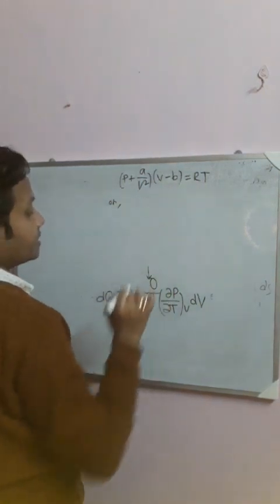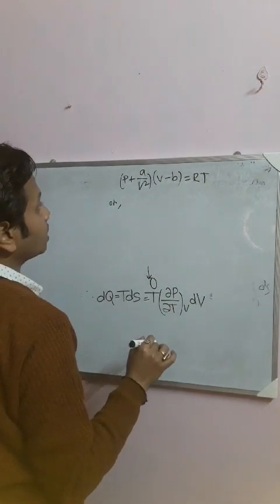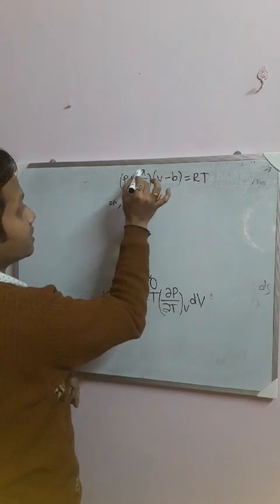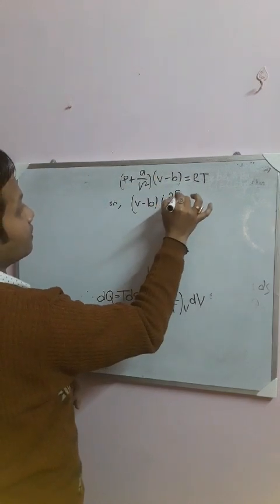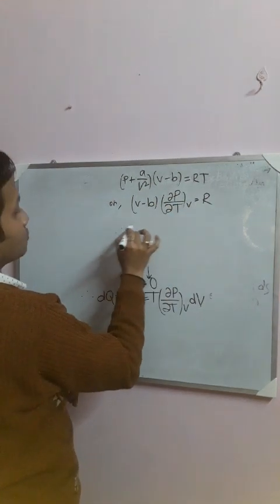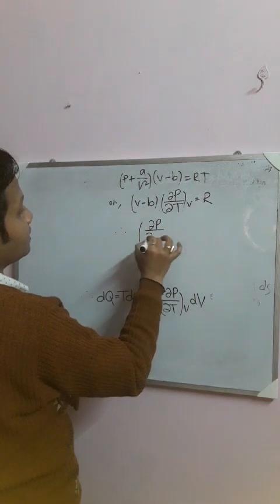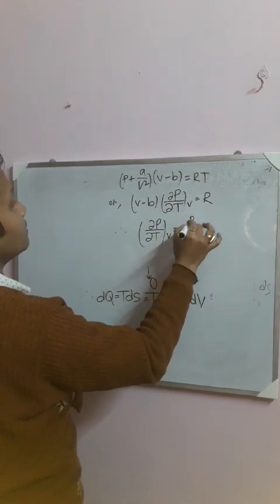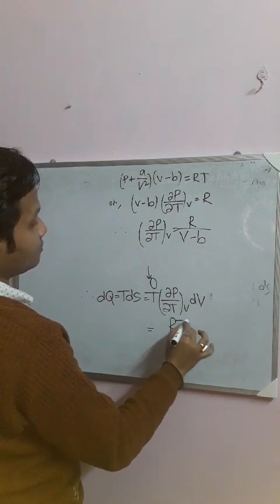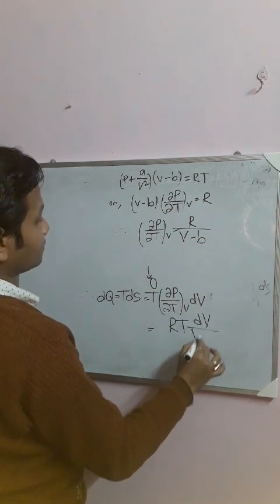If you differentiate this expression with respect to T, keeping V constant, this term is constant, so del P del T at constant volume is R by V minus b. So substitute this: R into T dV upon V minus b.